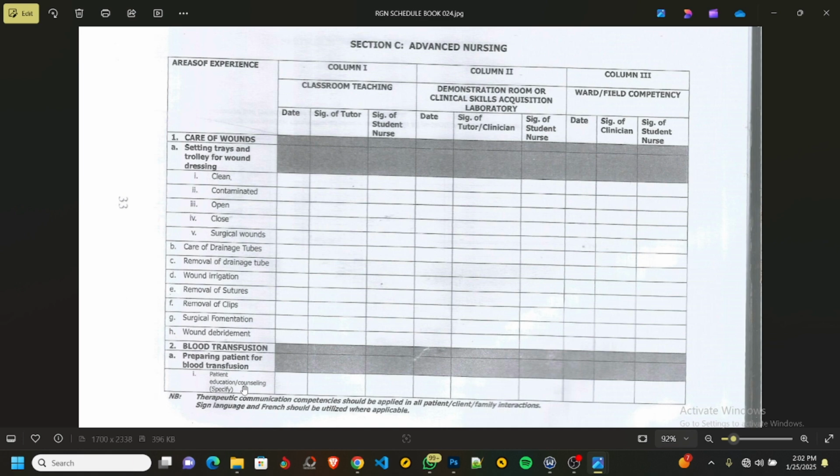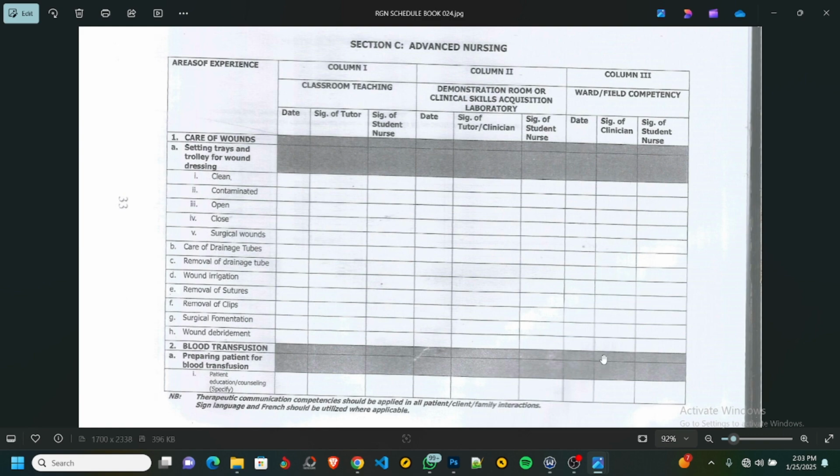Patients might come, they wouldn't even have enough knowledge, and some conditions or some of their states will also be there that you need to take them through counseling in order for them to understand the process. So that is what you do. And if you are able to do that and you do it very well, then you can sign for that of the competency. And I want to urge students to always try and do that, because the more you try to teach someone, the more you build more knowledge, and then you'll be able to go on.